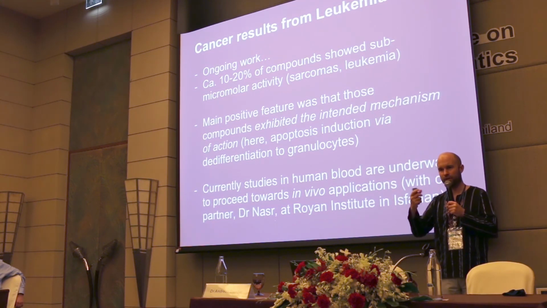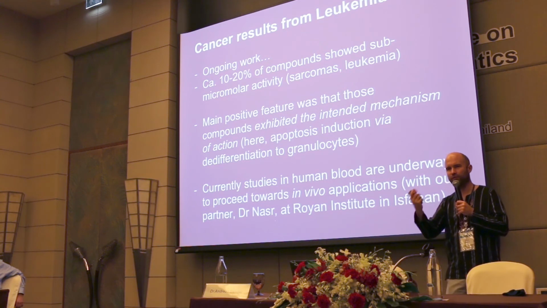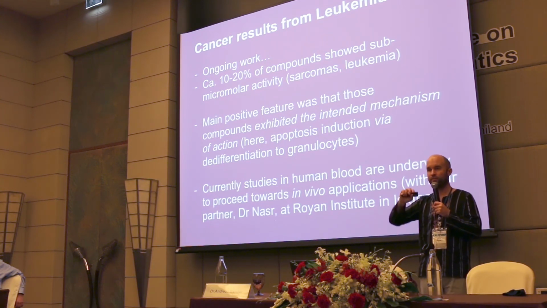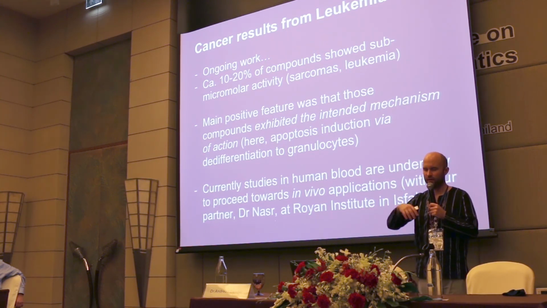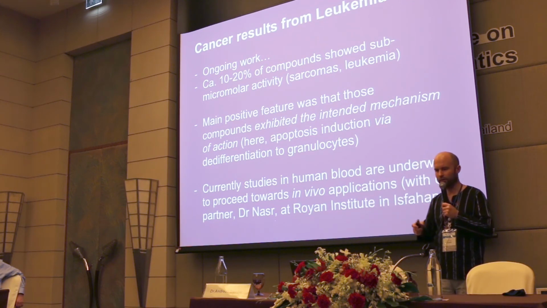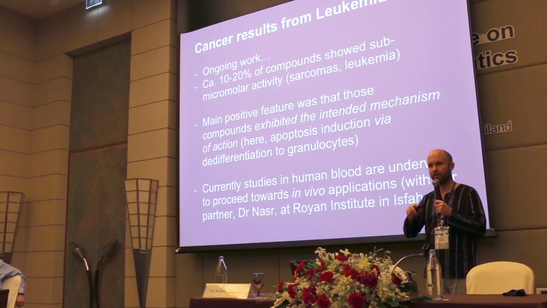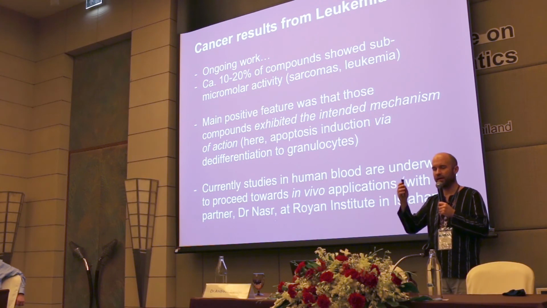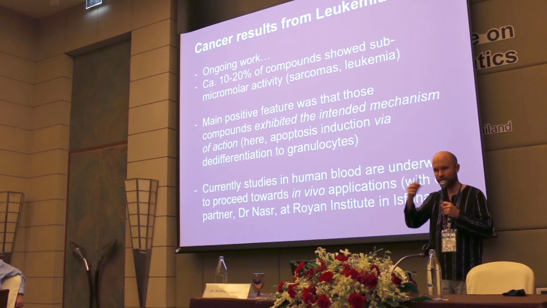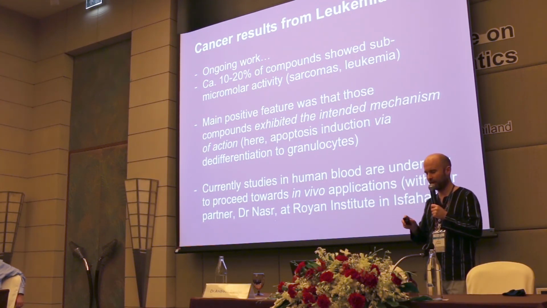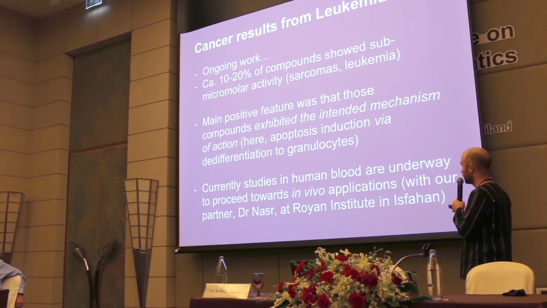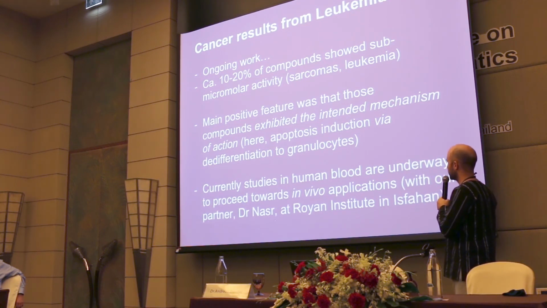So if you select compounds based on gene expression, you have a mode of action hypothesis. So you can say which pathways you want to hit, basically. And then if you do cell cycling or different biological analytical methods, then you can see whether your compounds induce a biological effect along the desired way. So I don't have time to go into detail here, but that's one of the validations we did.